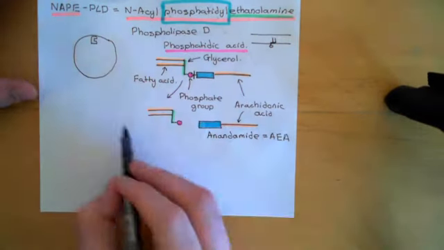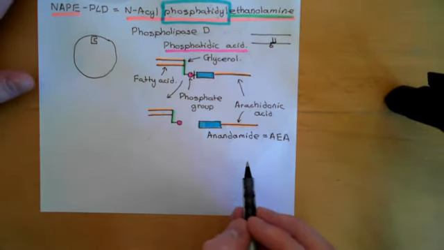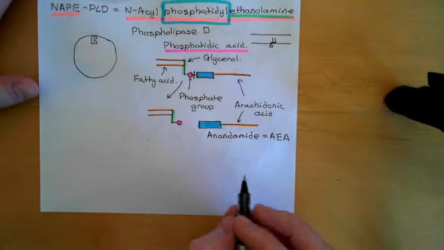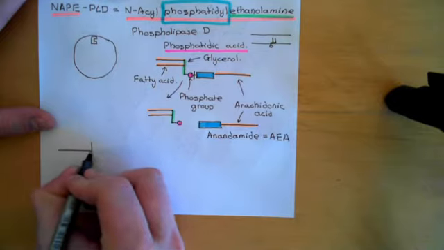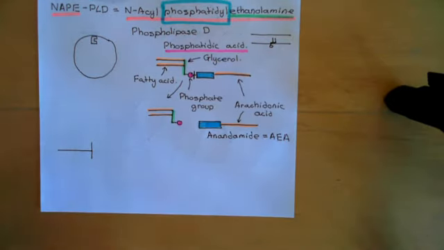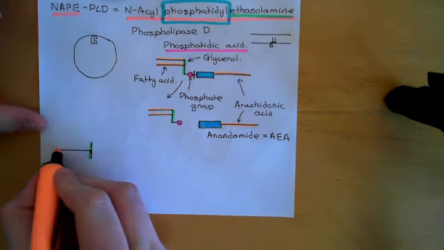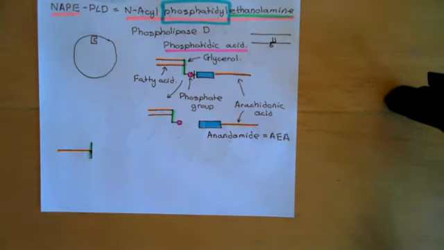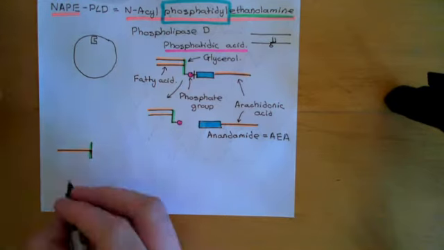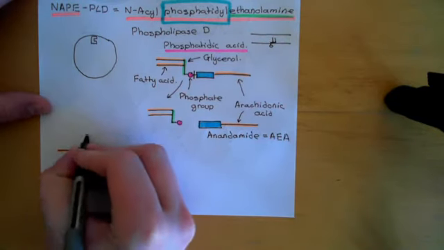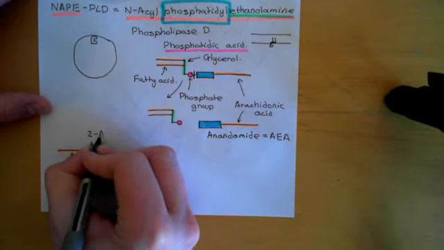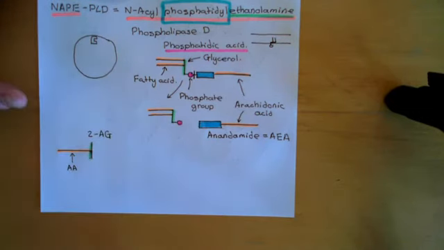So if we were going to use this cartoon structure here to show the structure of 2-arachidonyl glycerol, we have our glycerol molecule like that, in green here, and then we'd have a long-chain carboxylic acid here in orange, and that long-chain carboxylic acid would just have to happen to be arachidonic acid, and that molecule would be 2-arachidonyl glycerol.